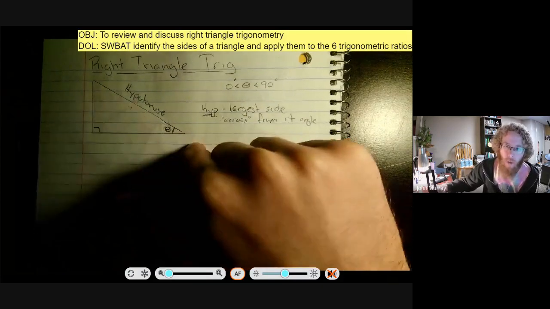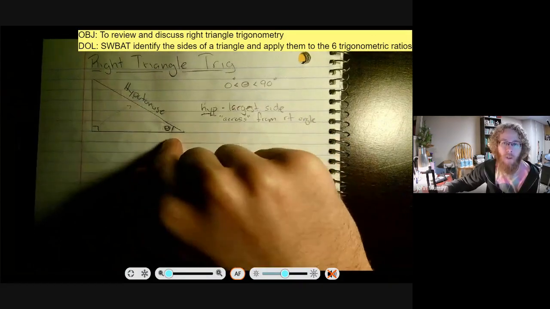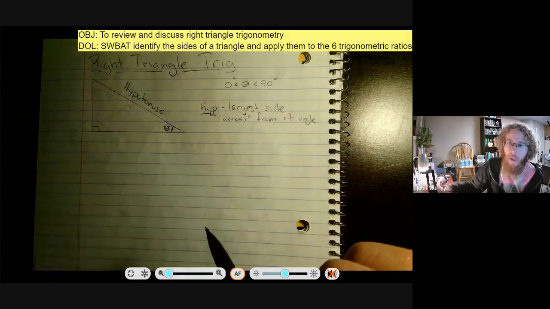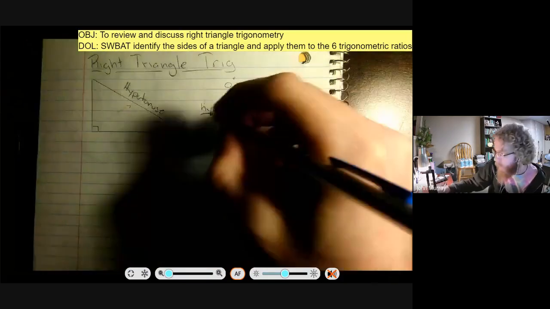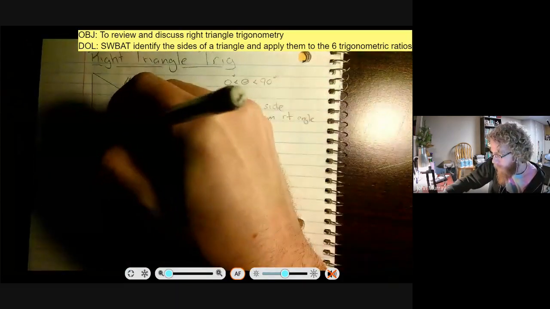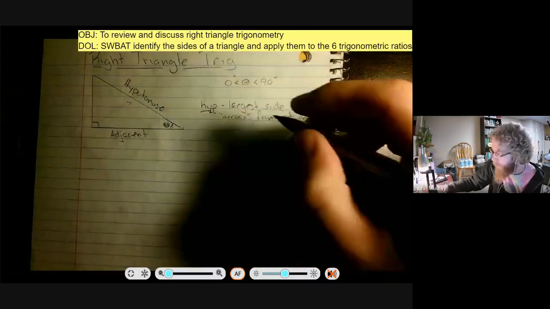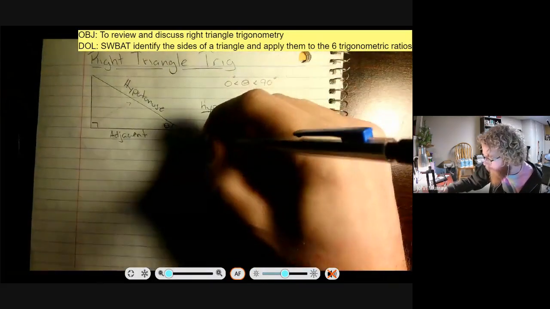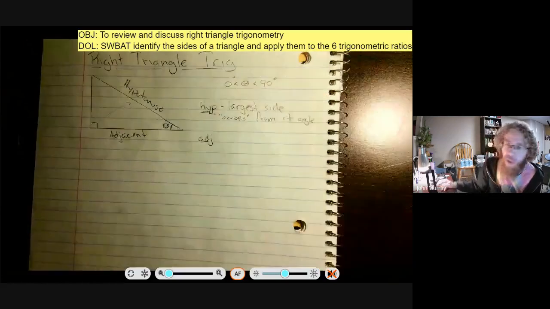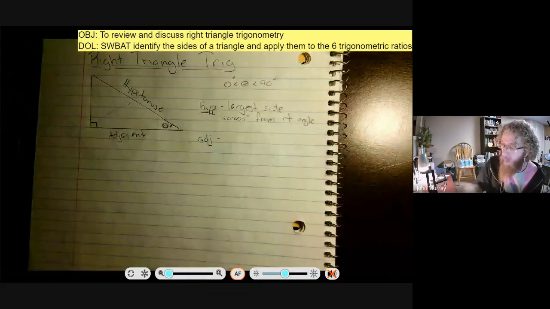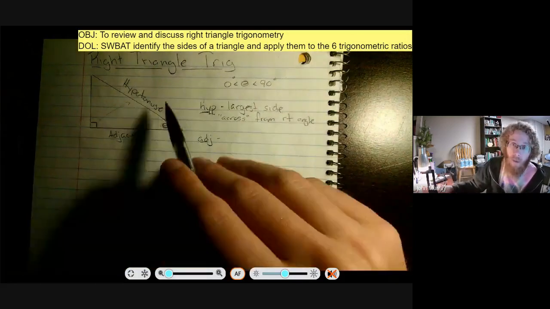Okay, so obviously there are two other angles, but we're only focusing on one at a time. So if my angle is down here, another side we have is the adjacent side, abbreviated ADJ. Now, the adjacent side is adjacent.